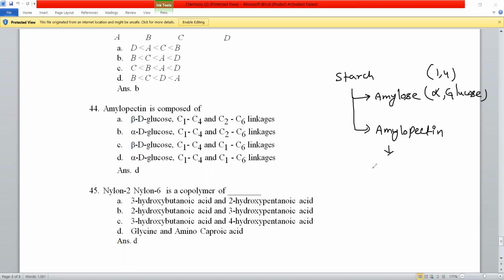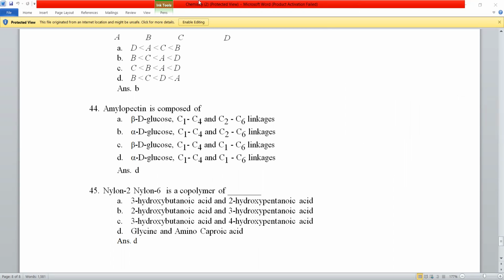In amylopectin, 1,4 as well as 1,6 connections. Why? Because branching is present here. That also will be alpha-D-glucose. All those things are alpha. Where is the option with alpha-D-glucose, C1 and C4, C1 and C6? They have given beta here, check. So beta is wrong, alpha is correct. So option D is the correct answer, students.